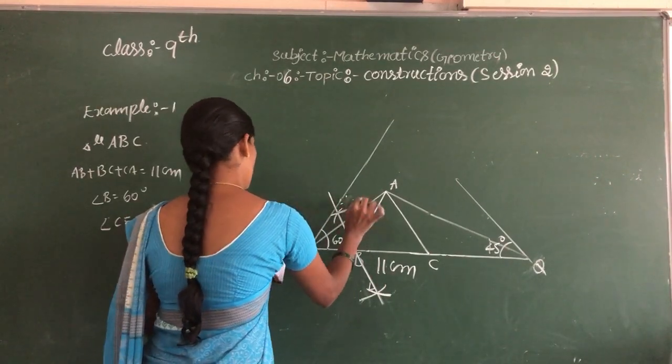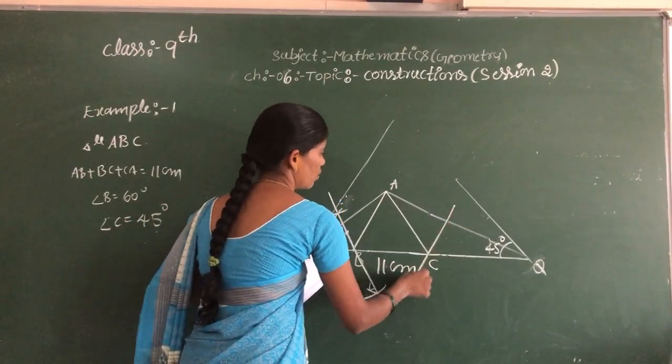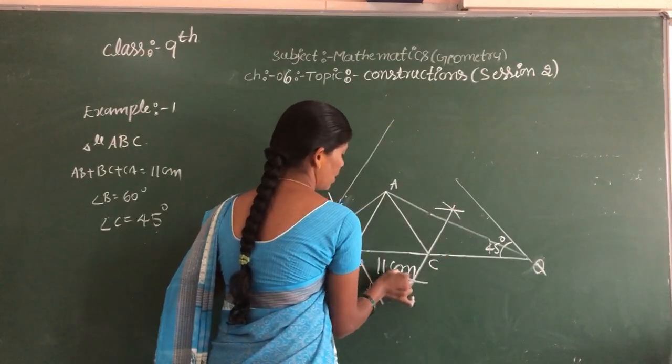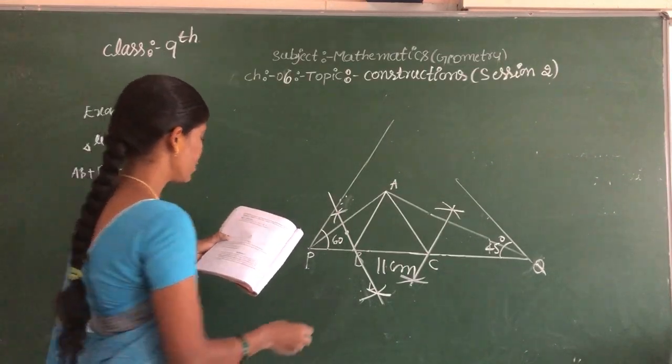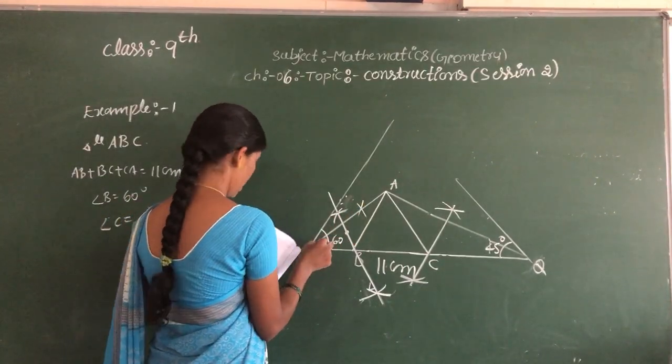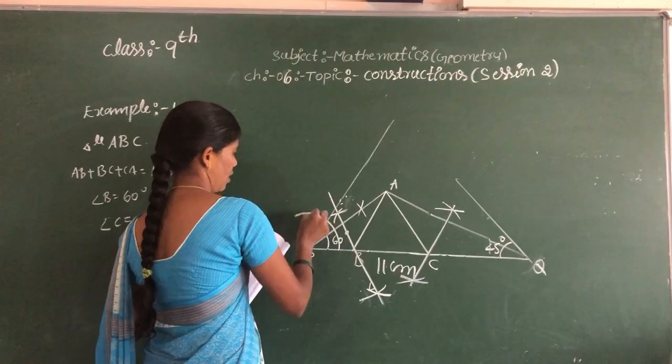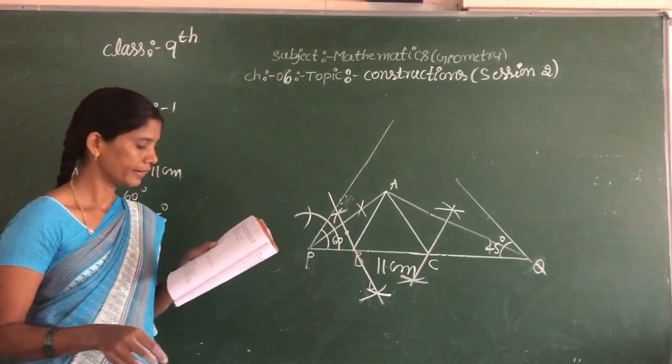Join, because so you should cut here one arc and here in downside also two arcs, and we should cut here one arc. We should draw one arc here.